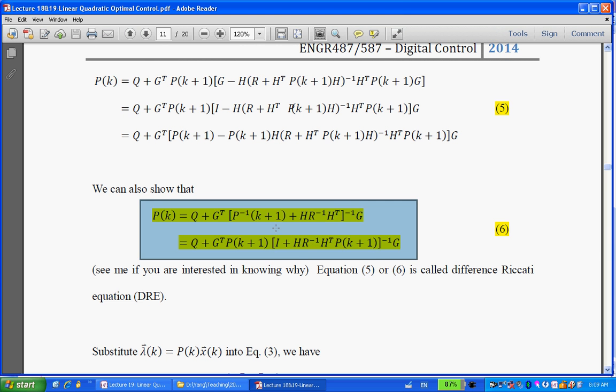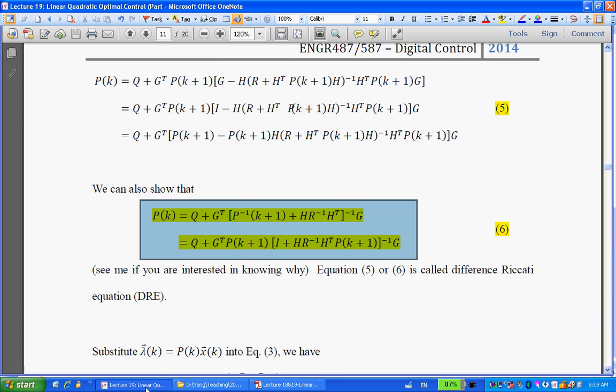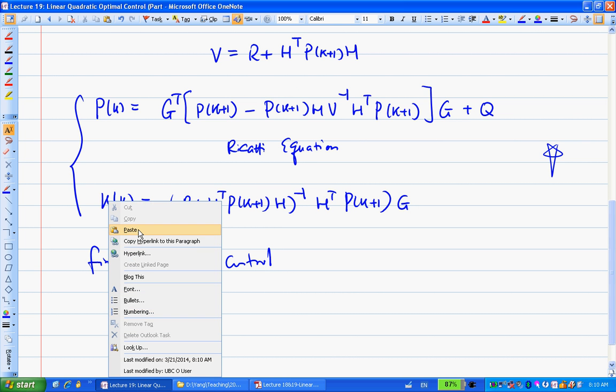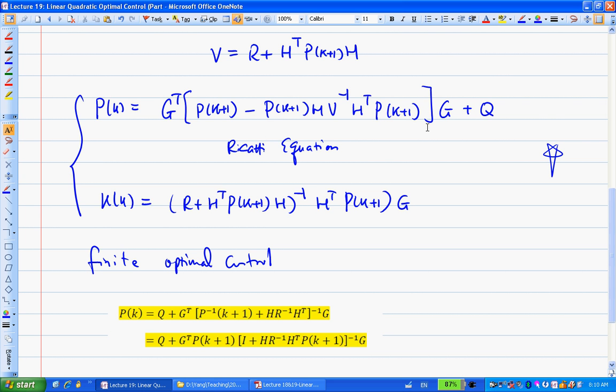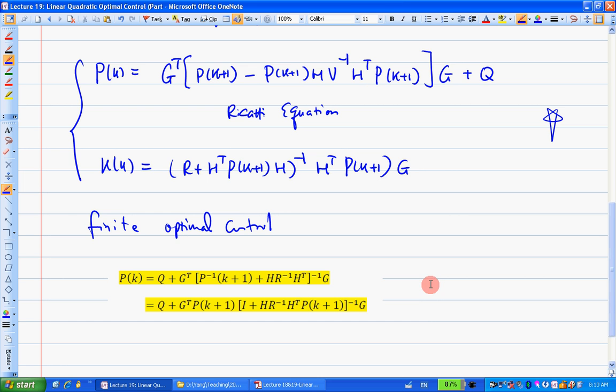So this is one form of the P matrix, and this is another one, which is different from this one. You can also use this one as the discrete Riccati equation. So basically, they are all equivalent, and with linear algebra you can derive that.